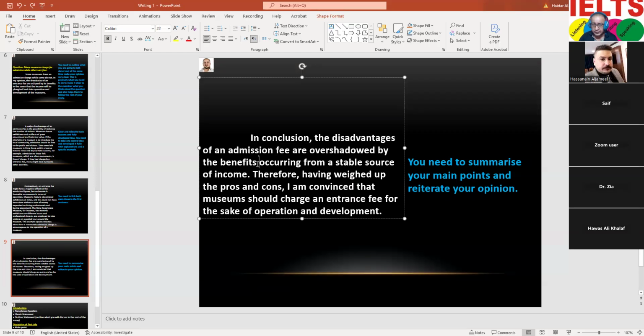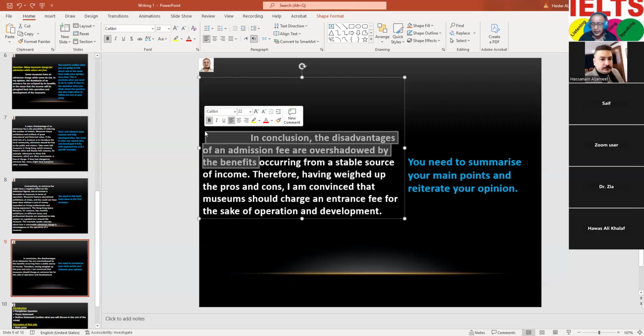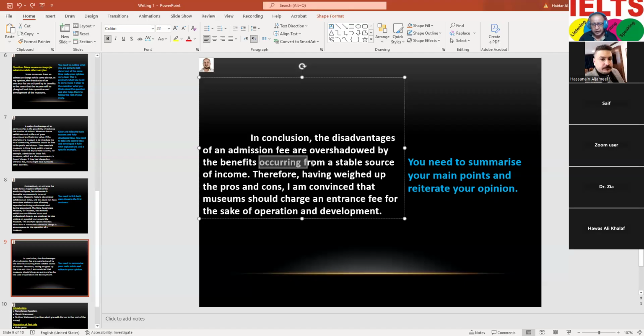Here is the main idea. In conclusion, the disadvantages of an admission fee are overshadowed by the benefits. I added here occurring from a stable source of income. You want to write it, you don't want to write it, it's not a big deal.